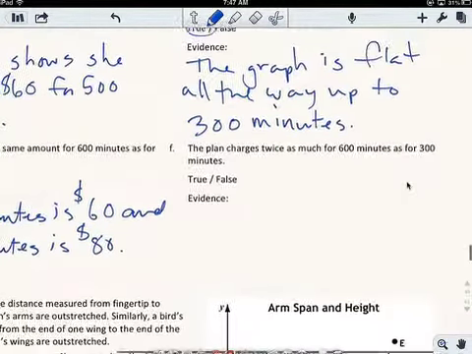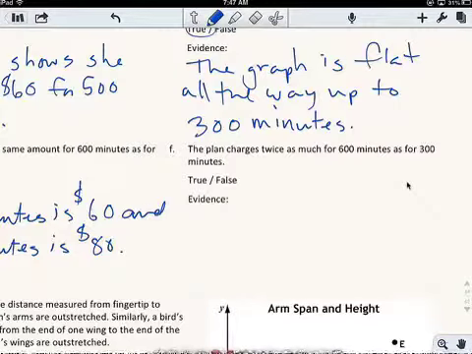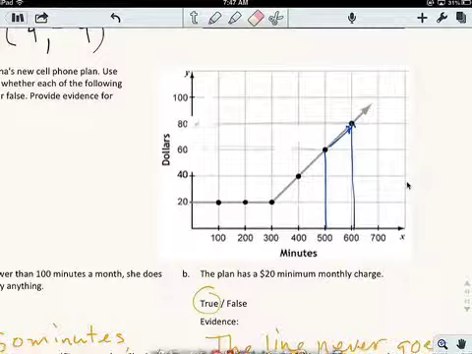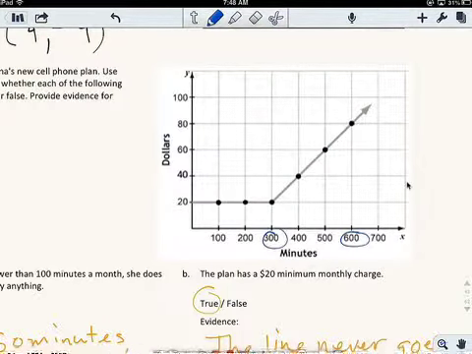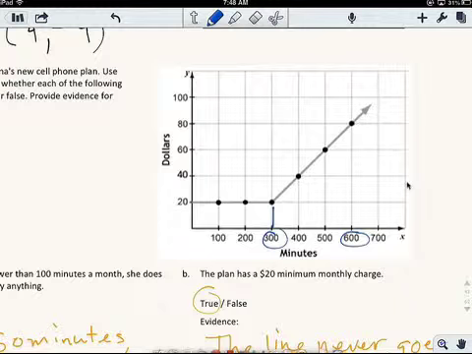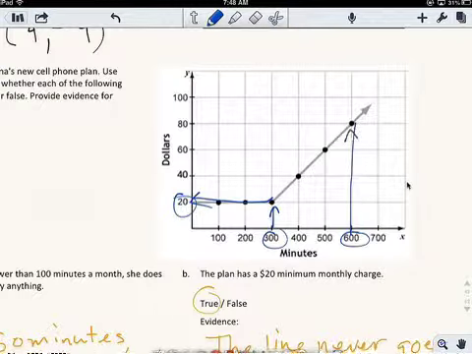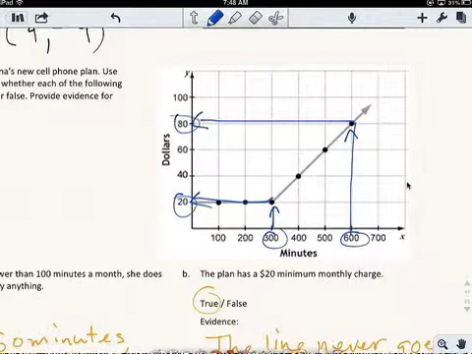The plan charges twice as much for 600 minutes as for 300 minutes. Let's look. That might be true. I can't tell just without looking. So twice as much for 600 minutes as for 300 minutes, which kind of makes sense intuitively. It seems like you double the minutes, you should double the cost. But let's look. 300 minutes costs 20, and 600 minutes costs 80.